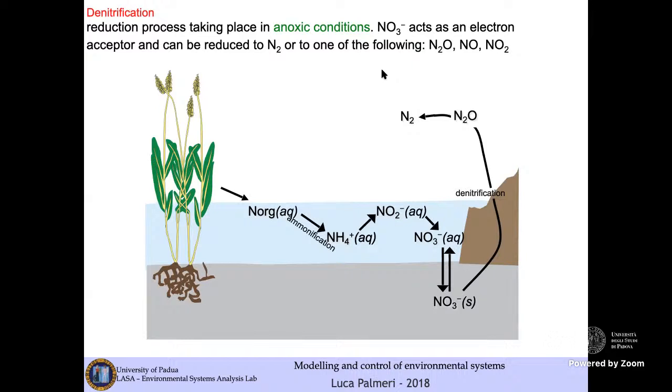In this case, nitrate acts as an electron acceptor and can be reduced to gaseous nitrogen or to one of the following oxides of nitrogen.